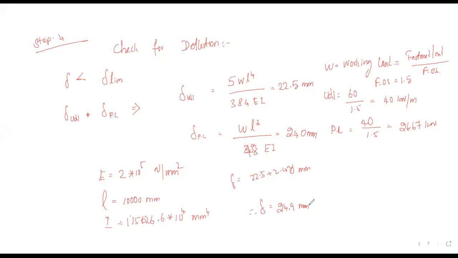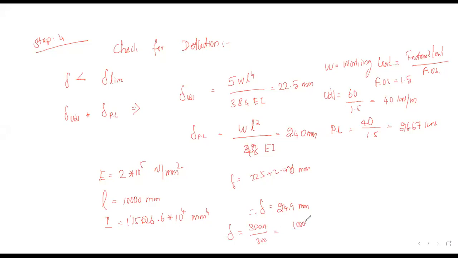So our deflection limit is that. From the code book, we will check. So far we have discussed only the point load, so we have to check for our UDL also. If it is combined together, then delta limit will be span divided by 300.